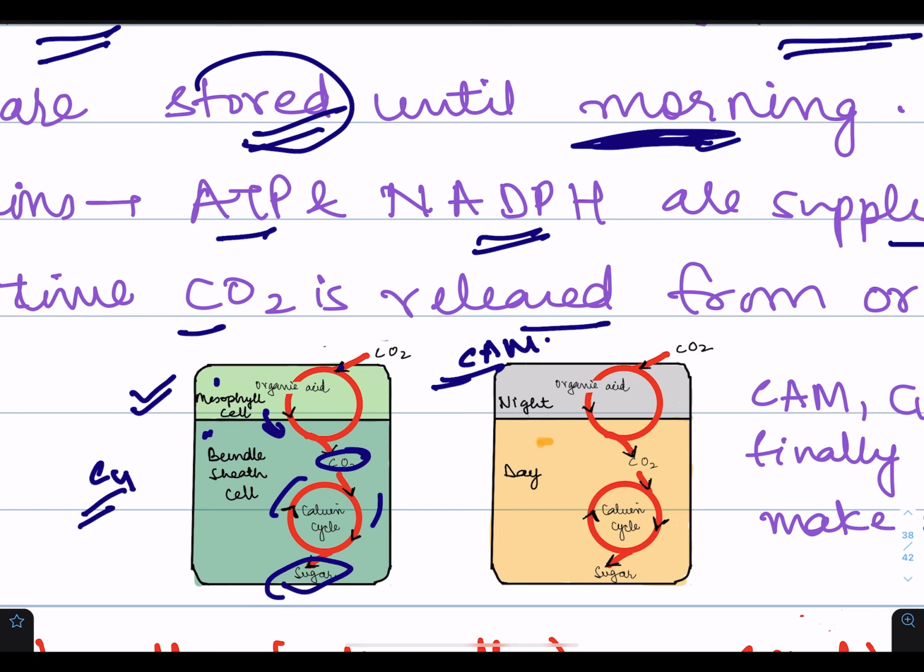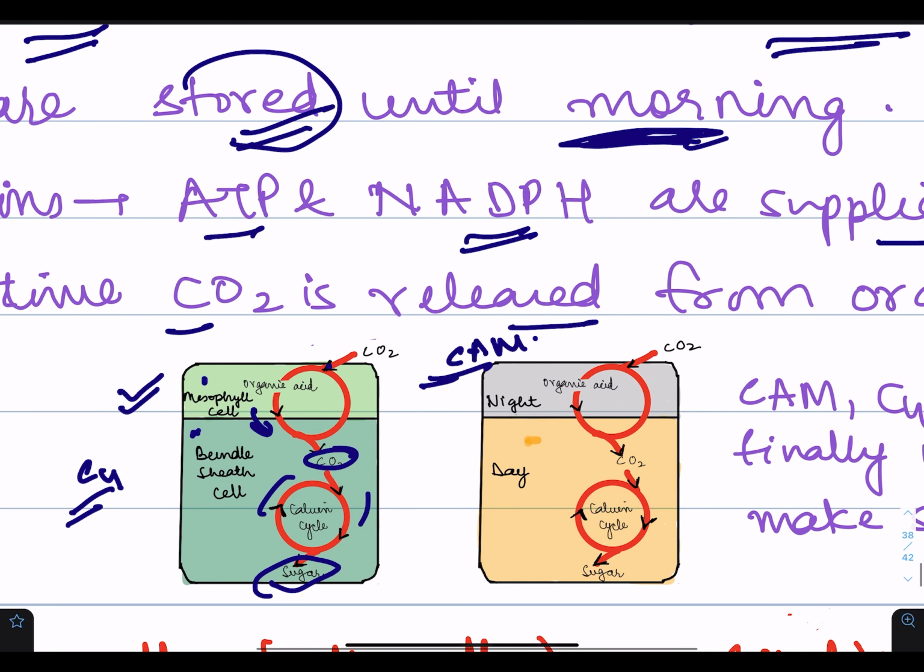The same thing the CAM plants are doing at night: taking carbon dioxide, fixing it, converting it to organic acids, and in the day releasing this carbon dioxide, and the Calvin cycle goes on and sugars are produced.